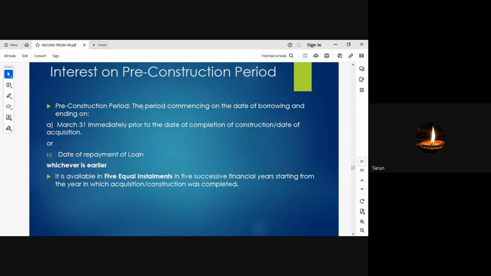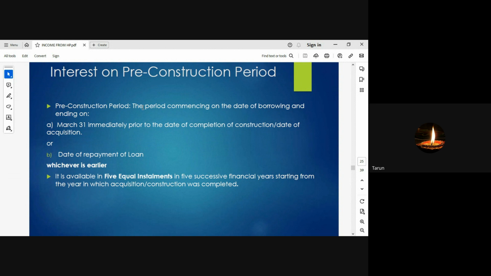So till the completion of construction, the interest will be chargeable each month till the finishing of construction of the property. Next, the period ends on the date of repayment of the loan, or you can consider the ending date of the financial year, whichever is earlier.